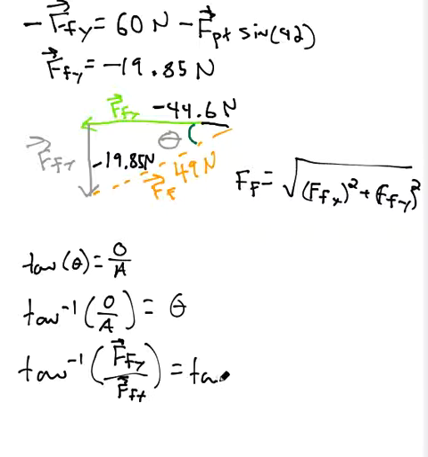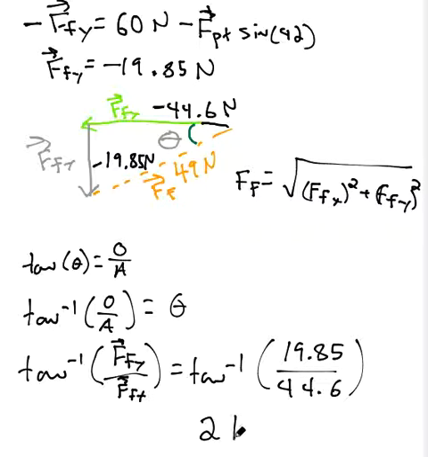So that would be tan inverse of 19.85 over 44.6. And let's punch that in. And we get about 24 degrees. So this angle theta equals 24 degrees.